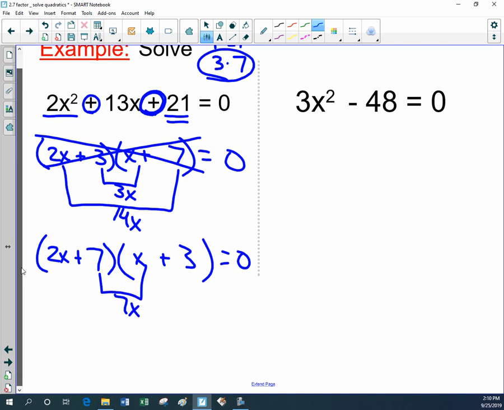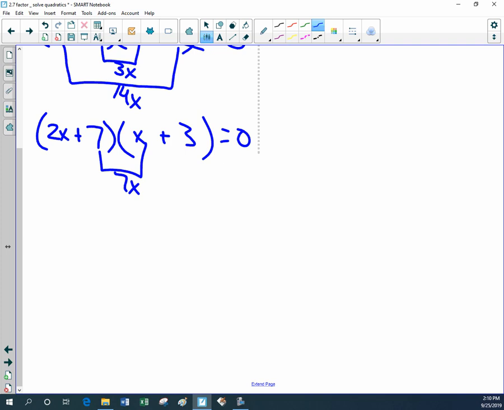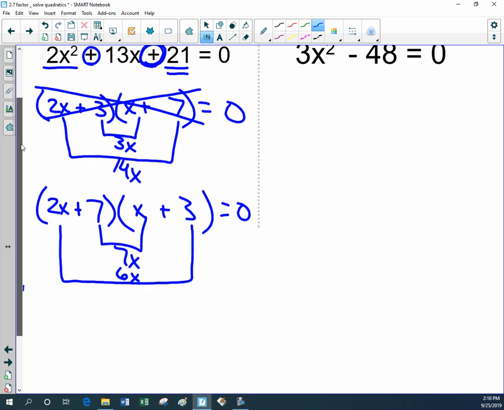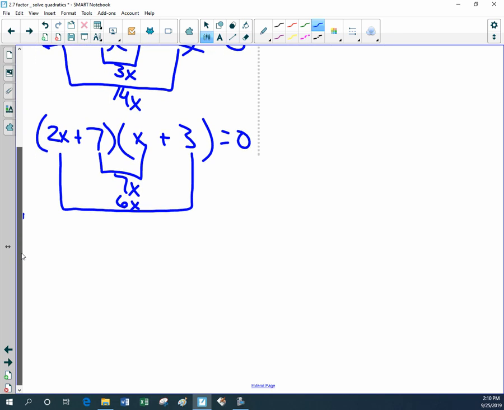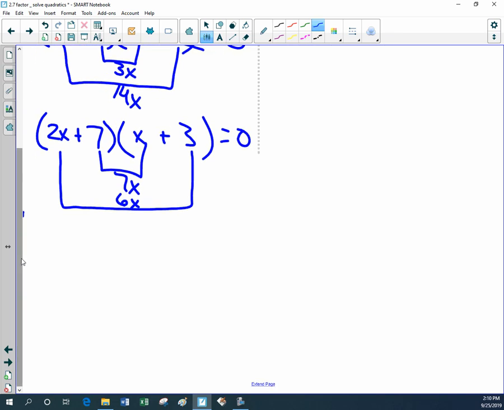I have 7x and 6x. Okay, 7x and 6x is 13x. And if we look back up here at the top, the middle term is 13x. That's what we're trying to accomplish for a middle term. So this works.